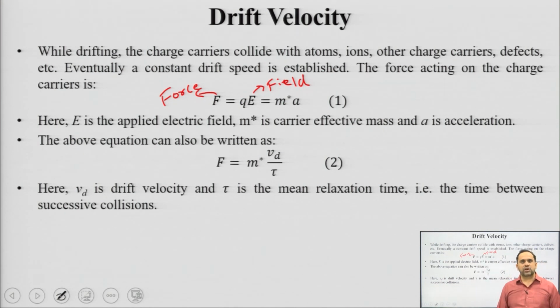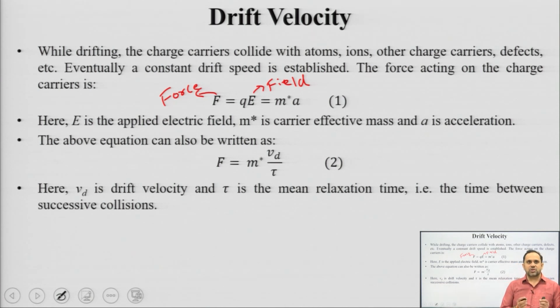By Newton's second law, I also know that force is equal to mass into acceleration. So, these particles which are under the influence of some kind of a force would be getting accelerated. When they are drifting, they are accelerating from one electrode to another electrode. Okay. So, this force is also equal to m times a, but if you remember, in one of our initial lectures we had discussed the concept of effective mass.